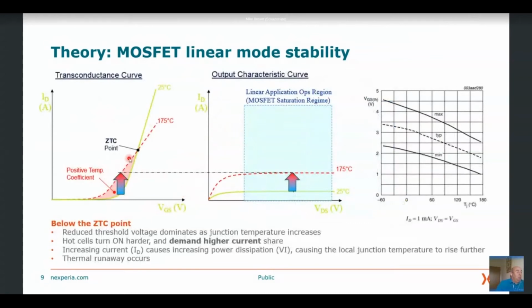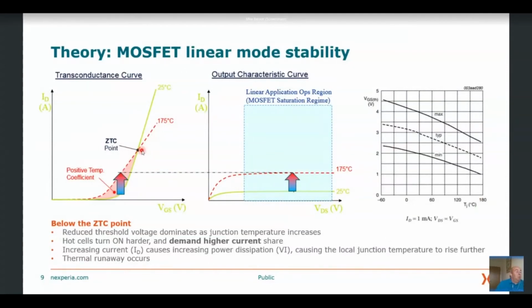If we look at what happens below the point where the two curves cross, that's called the ZTC point, the zero temperature coefficient point. And that's quite an important point in working out whether the MOSFET is thermally stable or not.